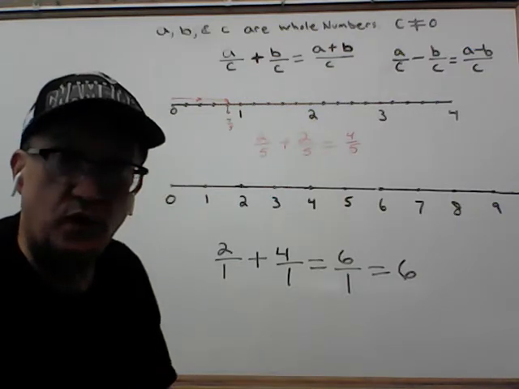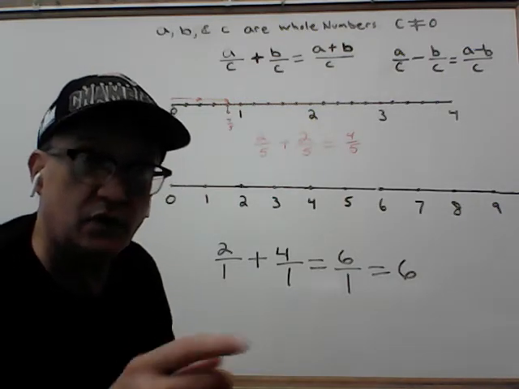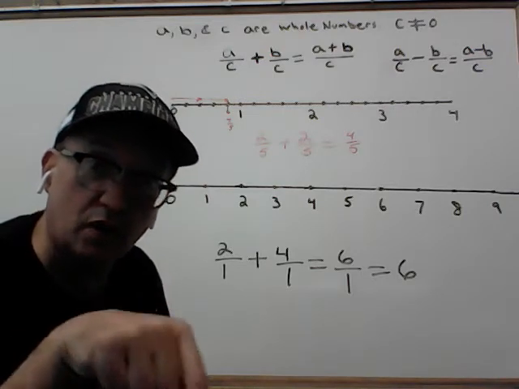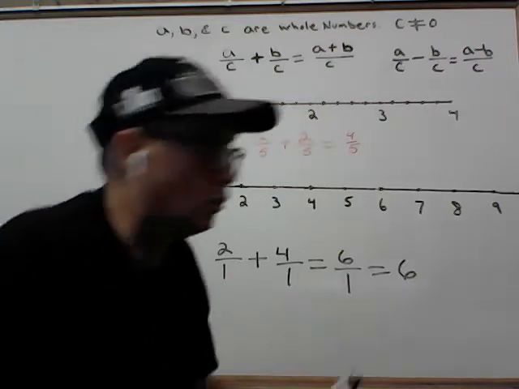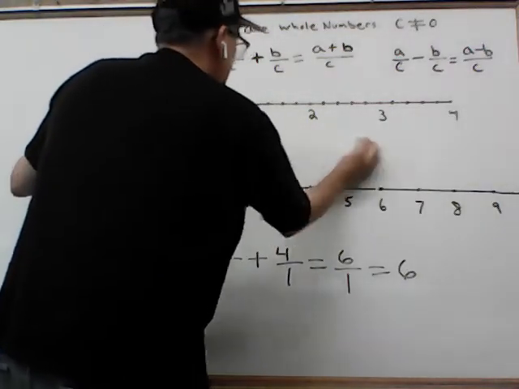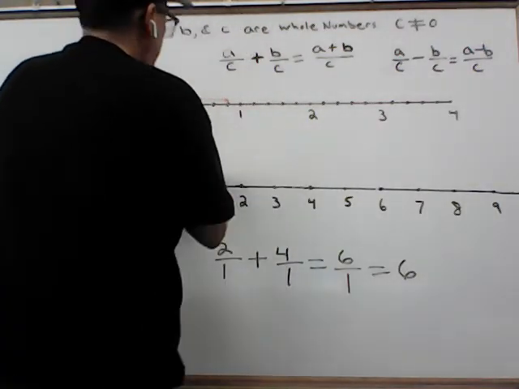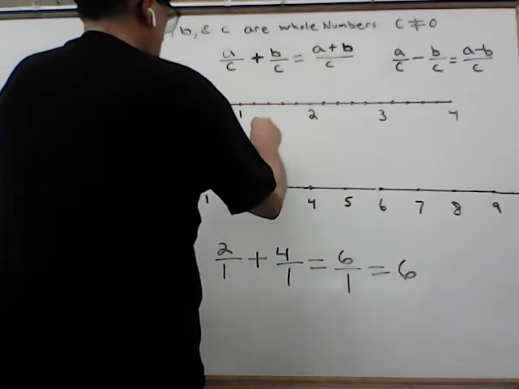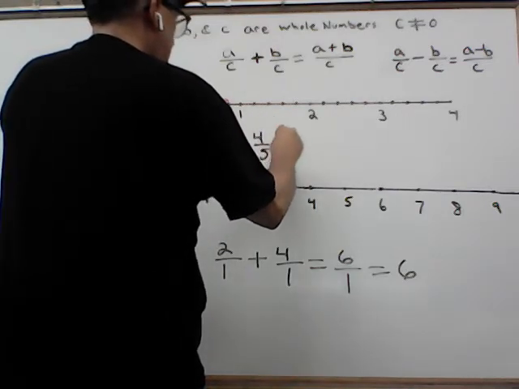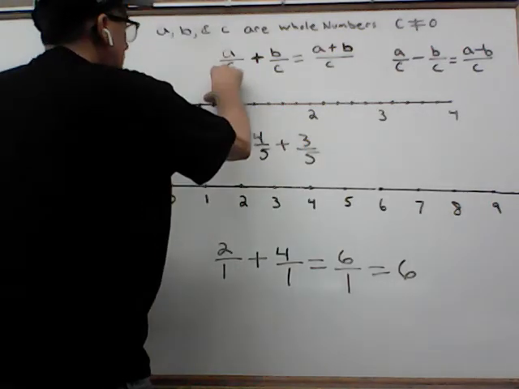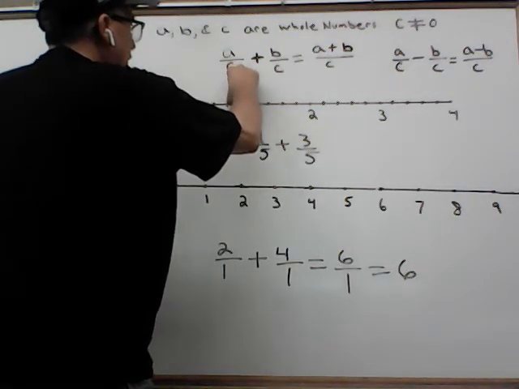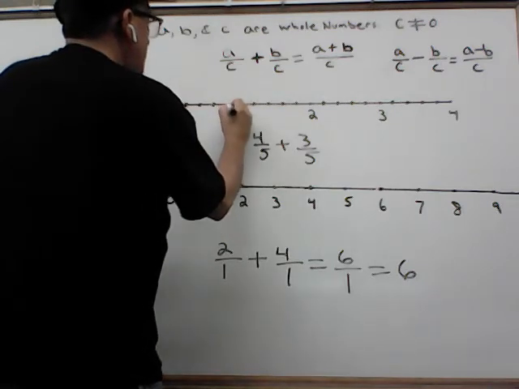Now, often when you're adding two fractions, even if both fractions are less than 1, they could result in a sum greater than 1, right? So this time, let's do 4/5 plus 3/5. All right? 4/5 plus 3/5.